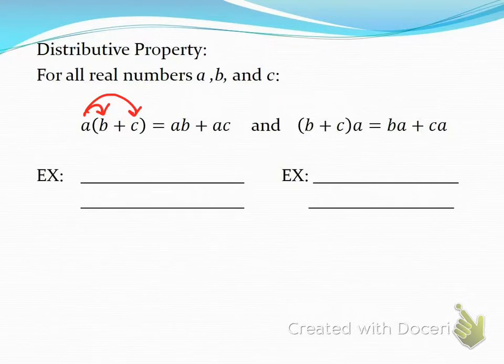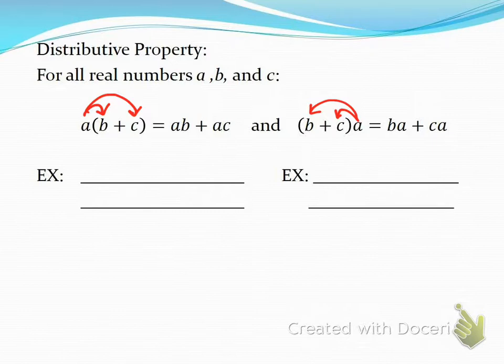People use arrows to remind themselves of the distributive property. The second half of this, after the "and," is just saying that you can also distribute from the back of parentheses, not just the front. So we can take this A and distribute it in from the back of the parentheses instead of the front for it to equal BA + CA.